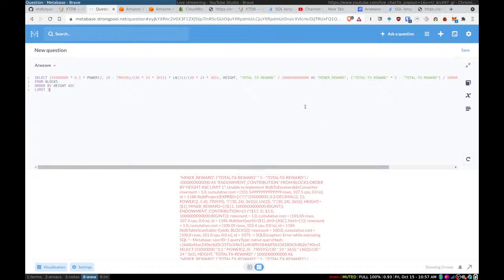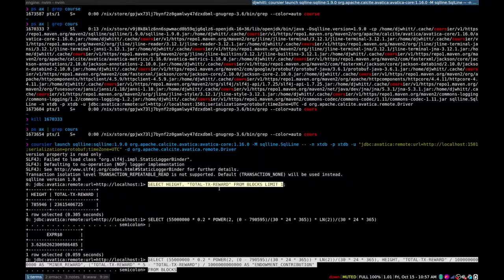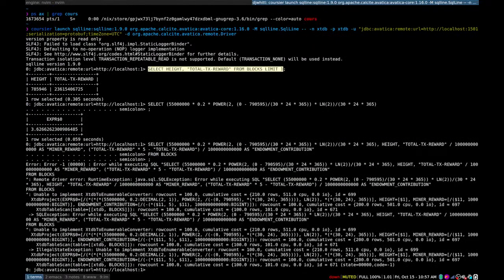Oh, it still has trouble with that. Why? Why does it have trouble with that? Maybe, let's take this. Having a hard time in Metabase parsing out the errors here. Unable to convert.